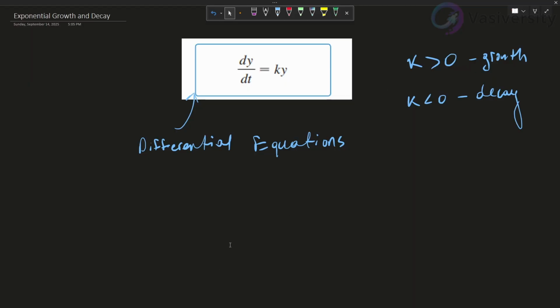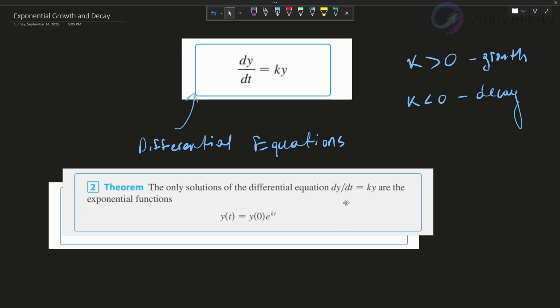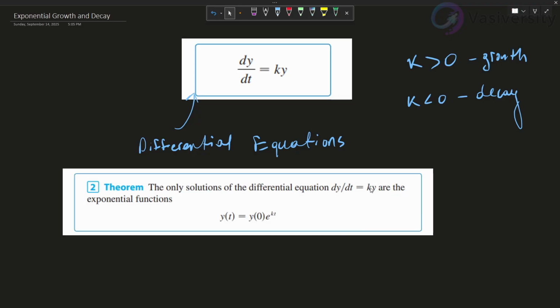Theorem 2 says the only solutions to the differential equation dy over dt equals ky are the exponential functions, where y naught, so y of 0, we call the initial condition. We might have multiple different functions, but when we force an initial condition, we get a specific growth function or decay function based on k itself.